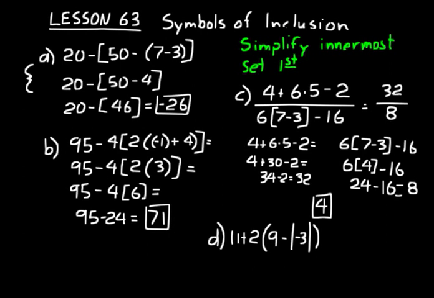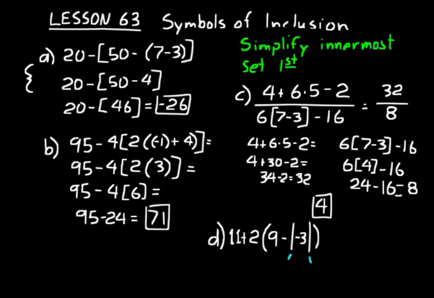Let's do one more problem. 11 plus 2. Let me make it clearer that that's an 11 at the beginning there. 11 plus 2, parentheses 9 minus, remember what those bars mean there? That's absolute value, right? So we need to figure out that absolute value first. Remember, that's what we want to do on a problem like that.